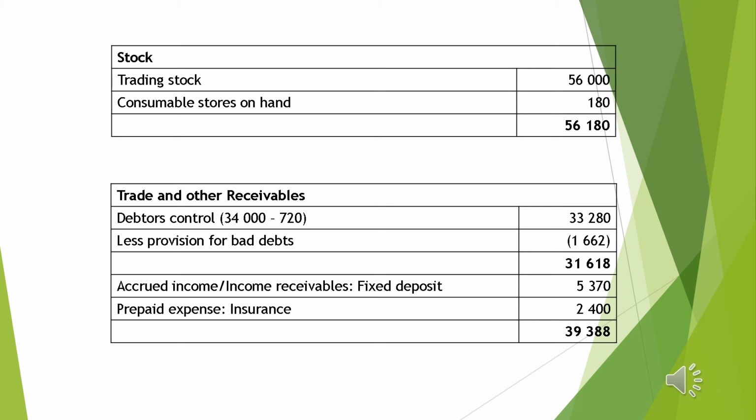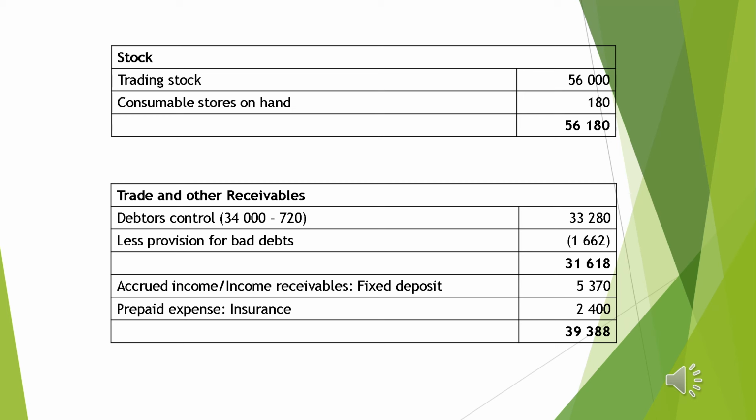To prepare the statement of financial position or this balance sheet statement. So we will start with an account called stock, or a note called stock. This note comprises your trading stock and your consumable stores on hand. Take into account that if we are referring to stock, we are referring to a current asset.